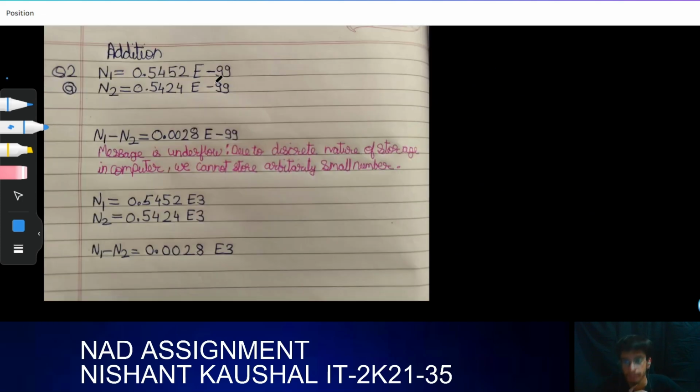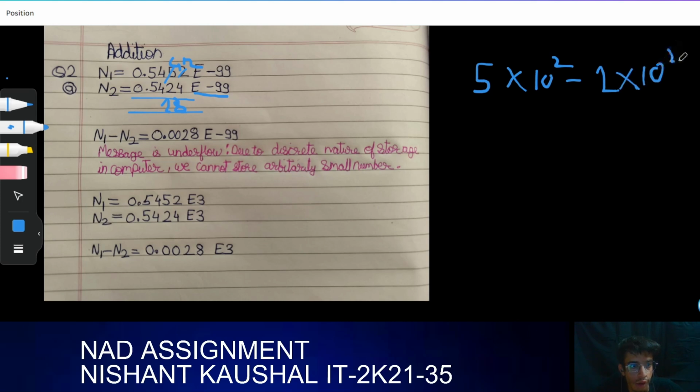So if we see 0.5452 minus 0.5424, it will be 0.0028, and the exponential numbers will be the same, because if we do 5 into 10 to the power 2 minus 2 into 10 to the power 2, it will be 3 into 10 to the power 2.